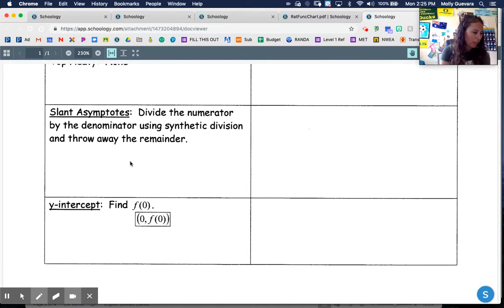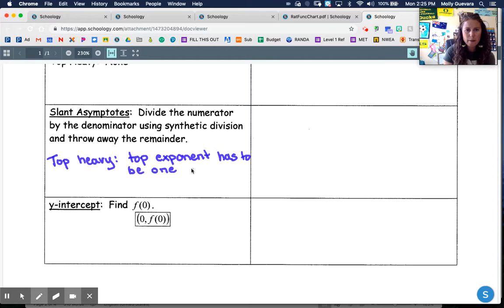Slant asymptotes here. If you have a slant asymptote, first of all, your graph has to be top heavy. But not only does it have to be top heavy, it has to be top heavy in the sense that the top exponent has to be 1 more than the bottom exponent.